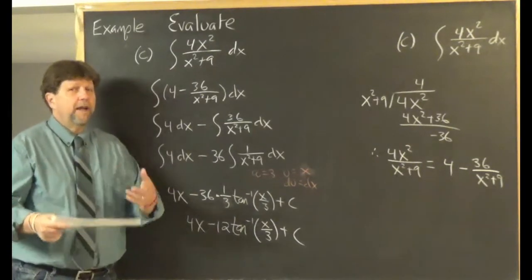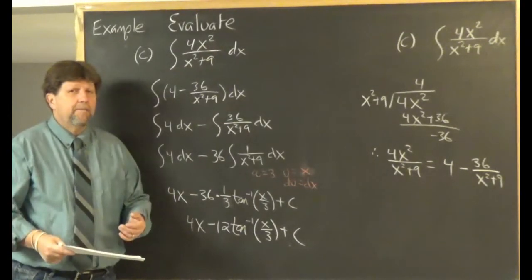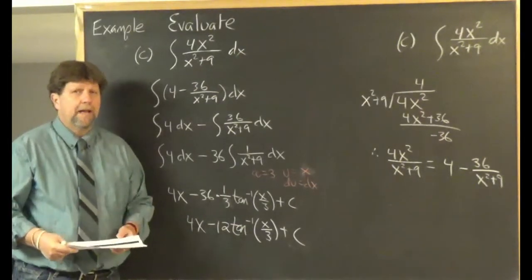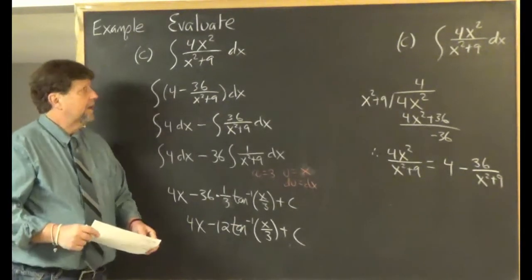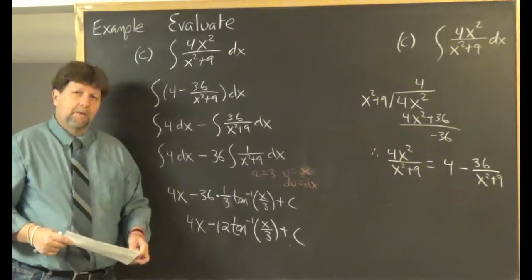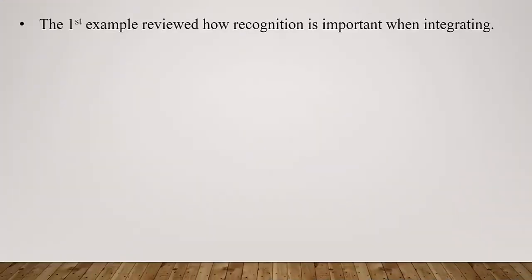So some recognition was involved in this very first example. And in part C, we reviewed an old trick known as polynomial long division. So let's head back to the slides and see what we have in store next. All right, so in that example, all 3 parts, you would have heard me stress recognition.